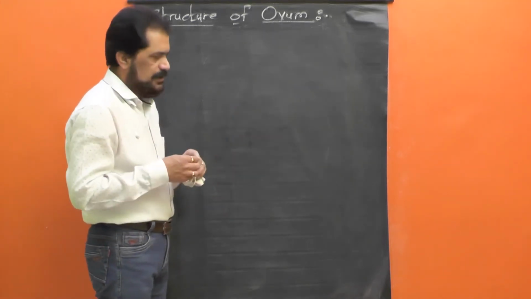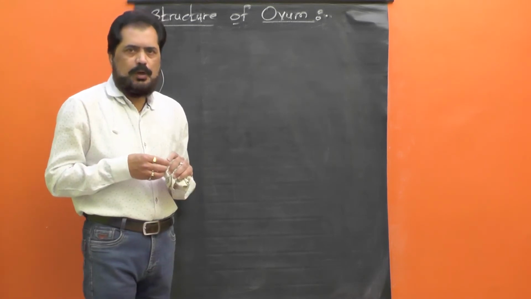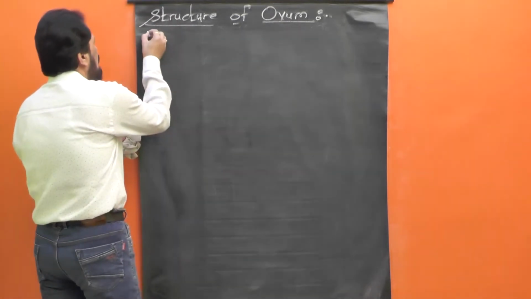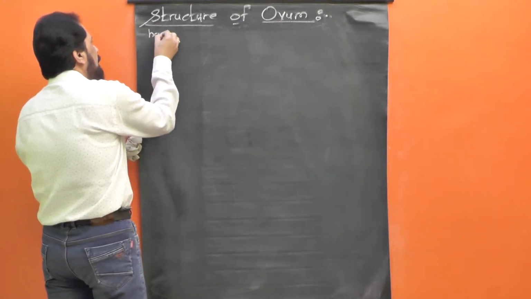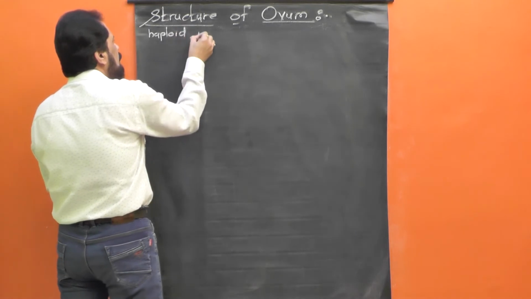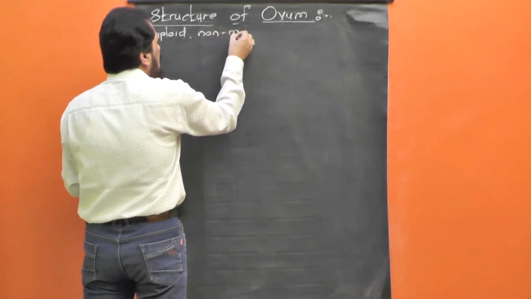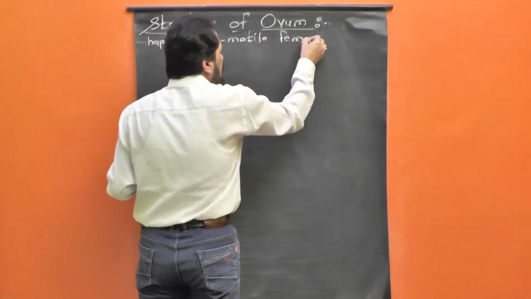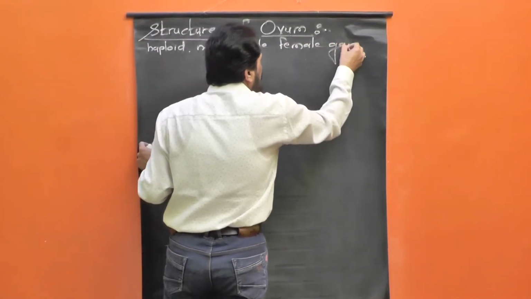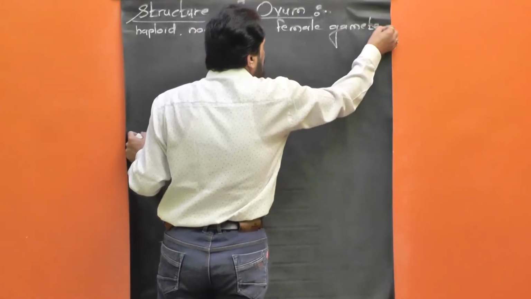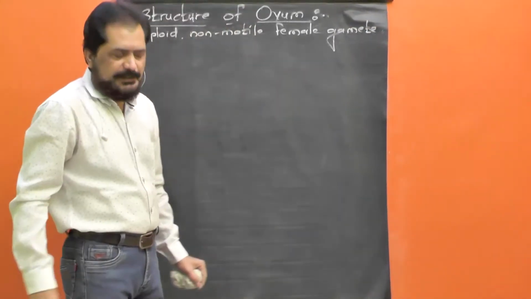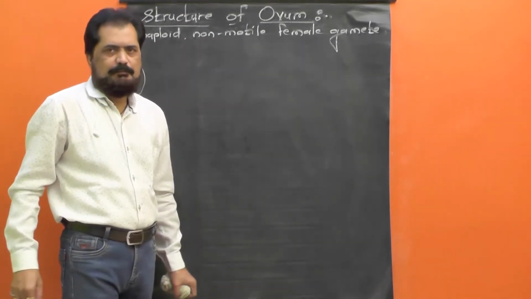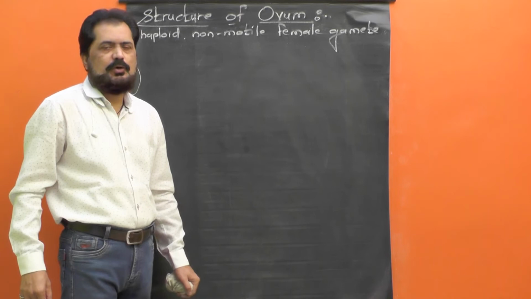Okay, now let us see. You know that ovum or egg cell is nothing but a haploid, non-motile female gamete, carrying maternal characters into the offspring.